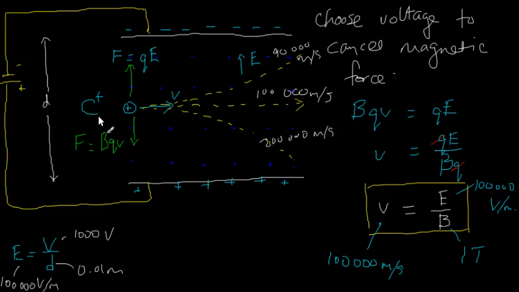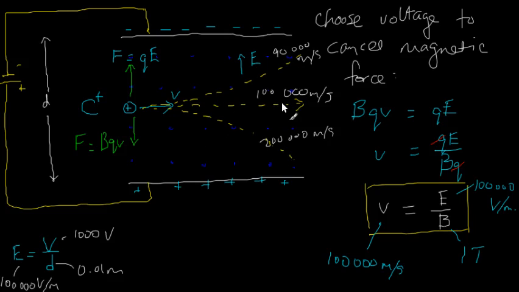Some are big, some are small. Maybe some are at this value, some at lower, some at higher values. So as it goes through this, only those carbon ions that have, within experimental error, very close to 100,000 meters per second speed will go straight through. Those that have lower or higher velocities will either go up or come down.